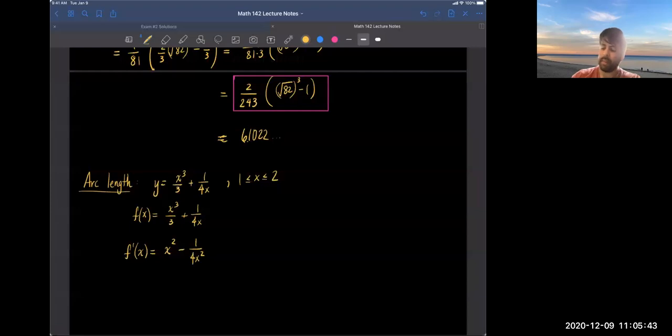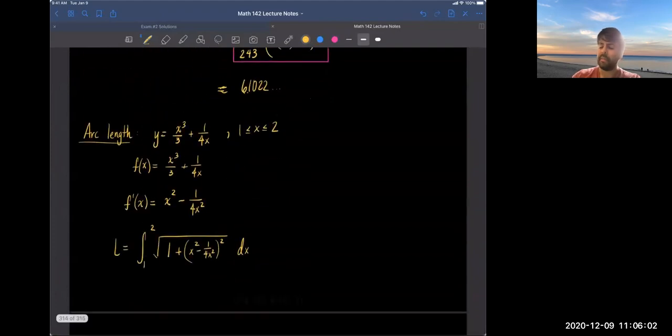And so then I'm going to now find the arc length formula. It's from 1 to 2 of the integral of 1 plus x squared minus 1 over 4x squared, squared, dx. Now I want to expand this.